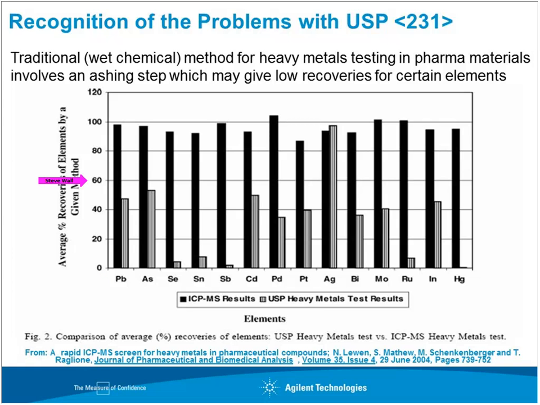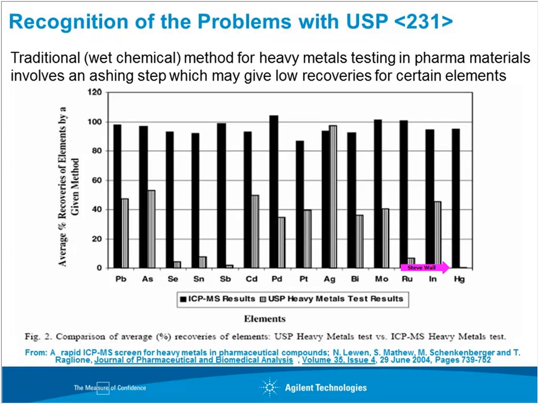If I can draw your attention to the striped bars on the bar graph, those represent the 231 test results, and we see that most of these elements are less than 50%. Lead is less than 50%, arsenic less than 50%. A couple of elements are down by less than 10% recovery. In fact, if we look over here at mercury, we have approximately a 0% recovery.